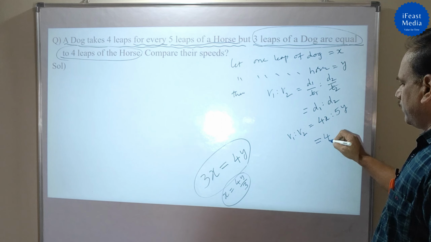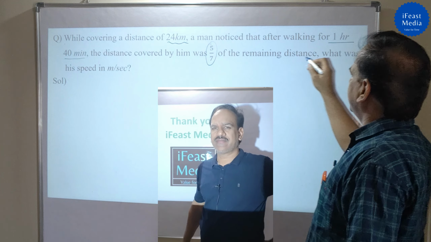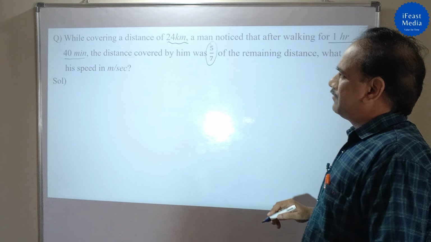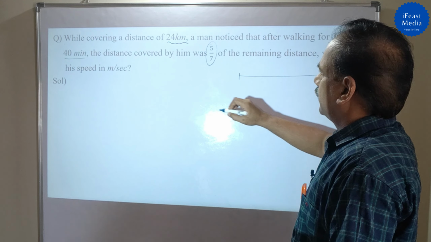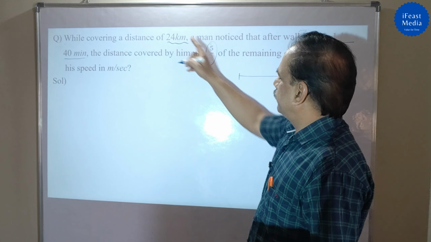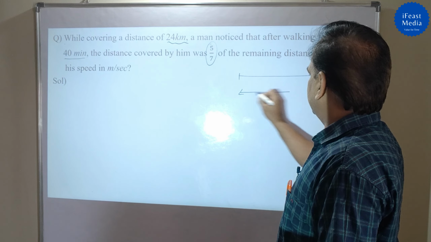So coming to the next problem: while covering a distance of 24 kilometers, a man notices that after walking for 1 hour 40 minutes, the distance covered by him was 5 by 7 part of the remaining distance. What was his speed in meters per second? So here, what is the total distance?